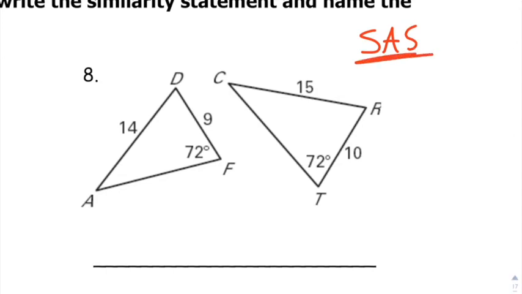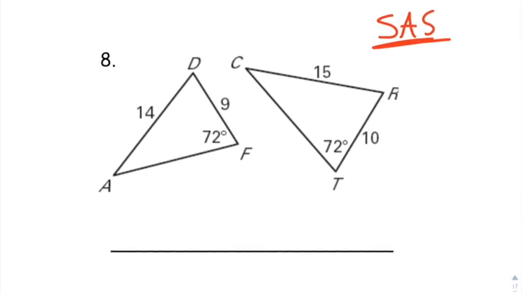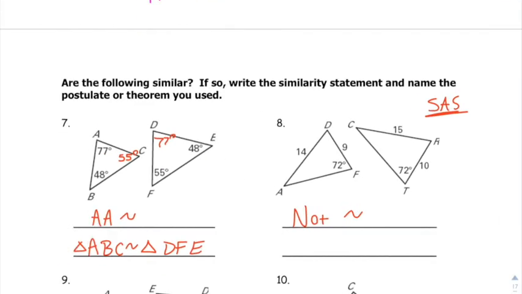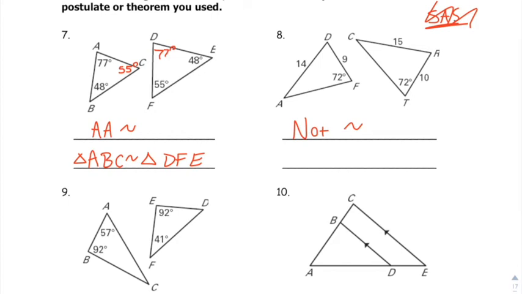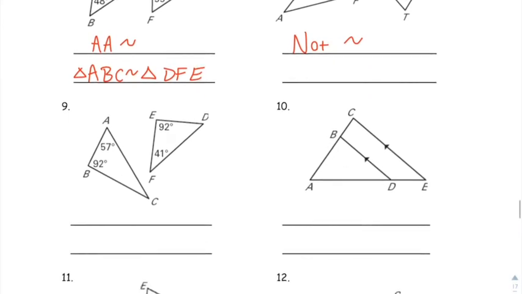You can do SAS, you can do SSS for side, side, side, and then angle, angle, but no other ways to actually prove triangles similar. So I'm going to say these right here are not similar. Once again, you can go check the scale factors if you want, but I don't even think those are going to match up anyways. So it doesn't even matter. It's not similar, it's not SAS, so we're good to go there.